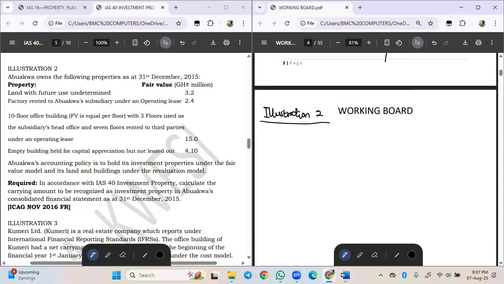Okay, thank you. So let's do it together. So the first one, are you going to recognize it under IAS 40? Does it qualify? Does it meet the recognition criteria?